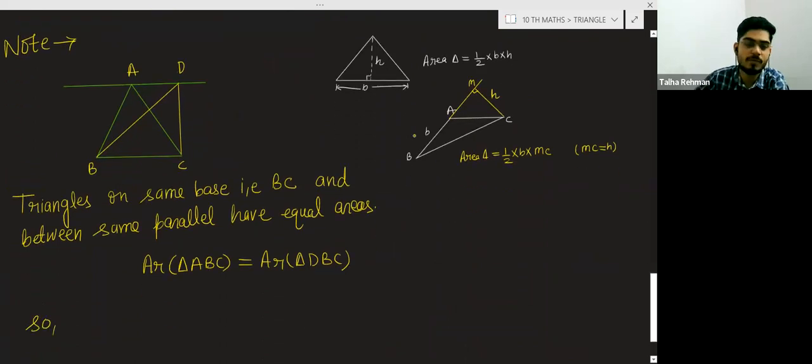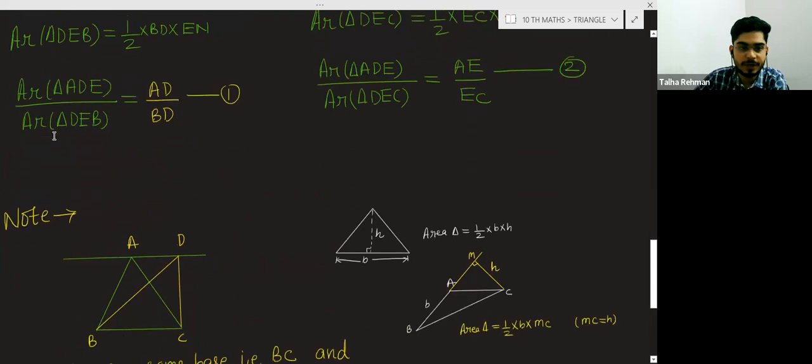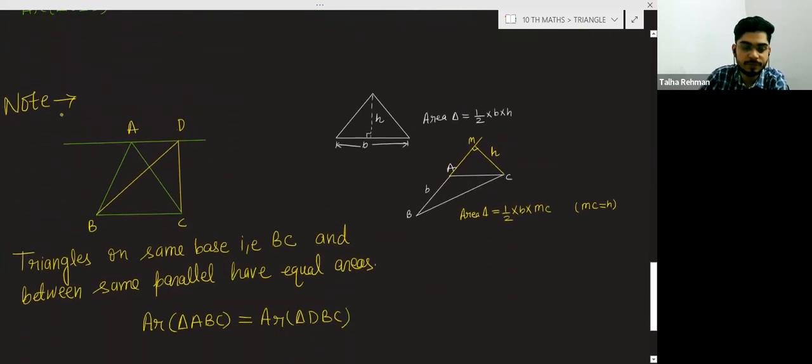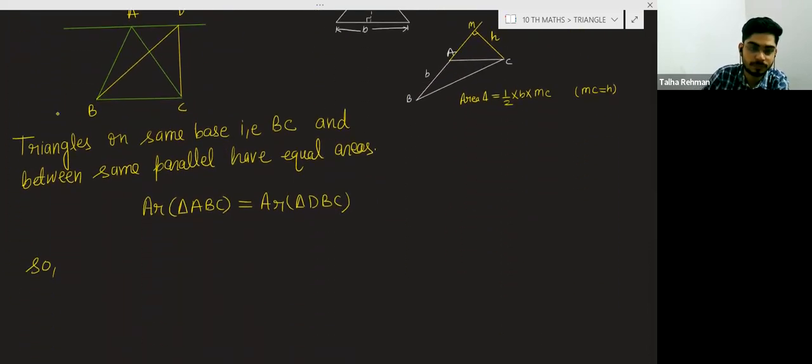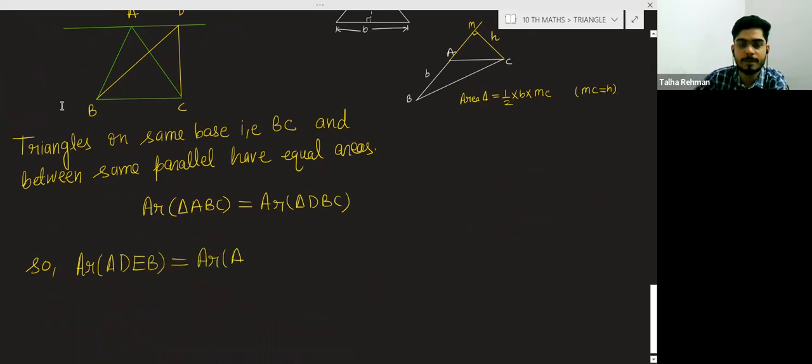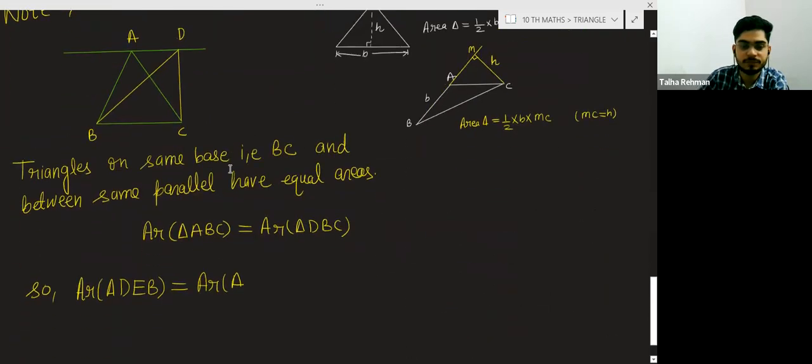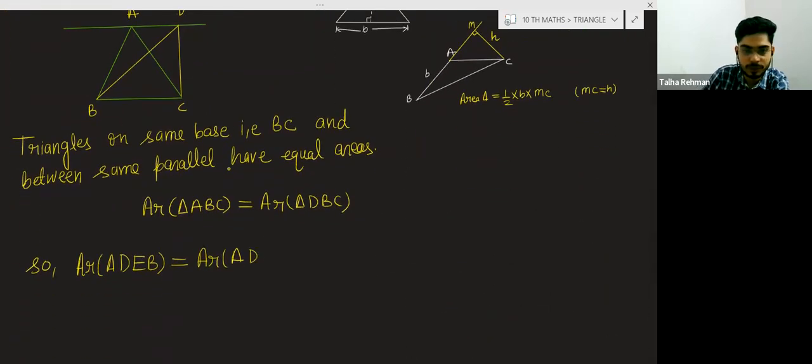So we can say area of triangle DEB is equal to area of triangle DEC, D, E and C.